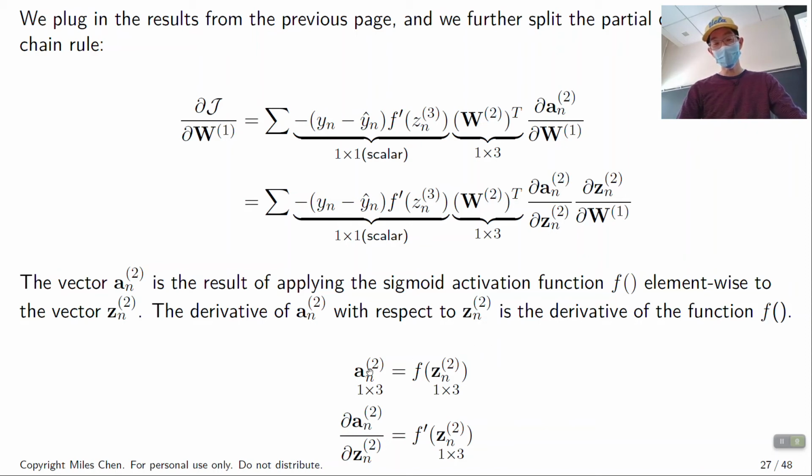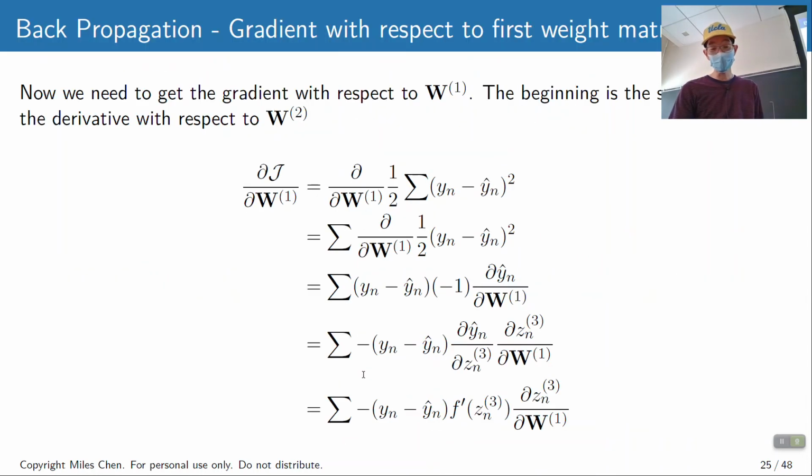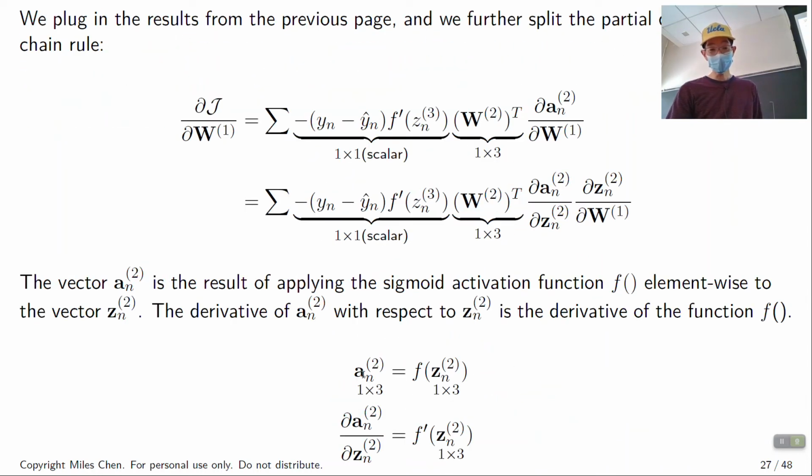We plug the nth observation of Z2 into the sigmoid or logistic function, and we get the nth observation in A2. So the derivative of this is just going to be f prime, and we replace this with f prime, knowing that this is a 1 by 3 matrix.